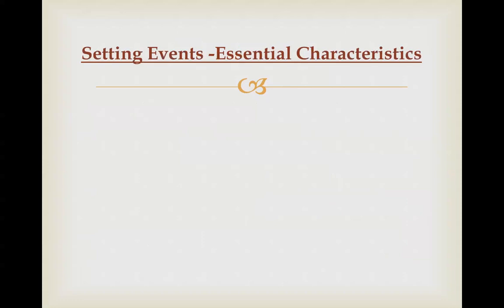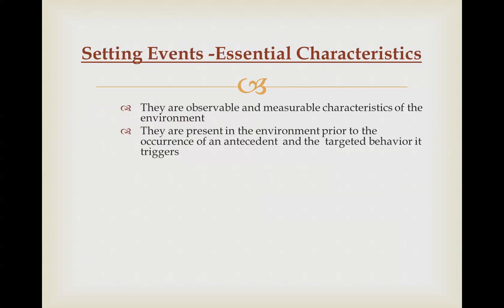Setting events, the next element of the behavioral pathway, they are observable and measurable characteristics of the environment. They exist in the environment prior to the occurrence of the antecedent. Sometimes they can really happen simultaneously.